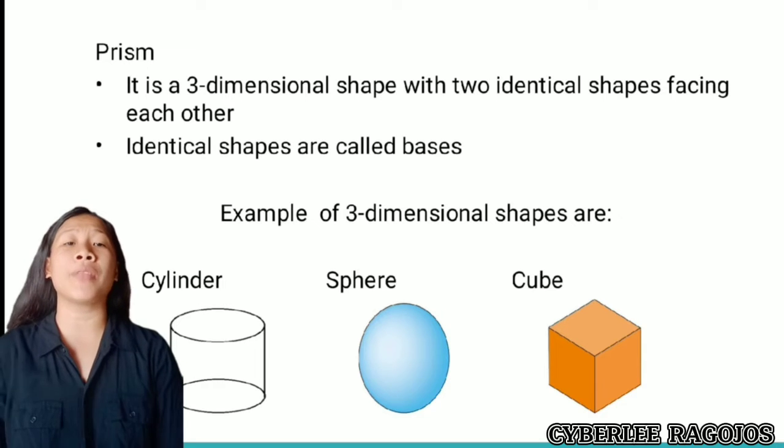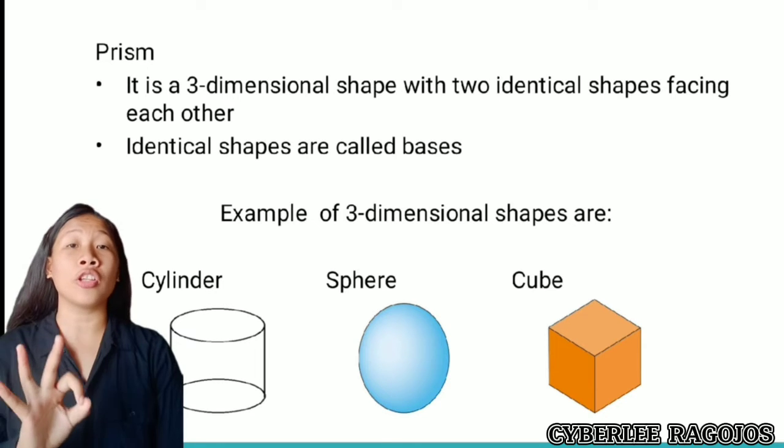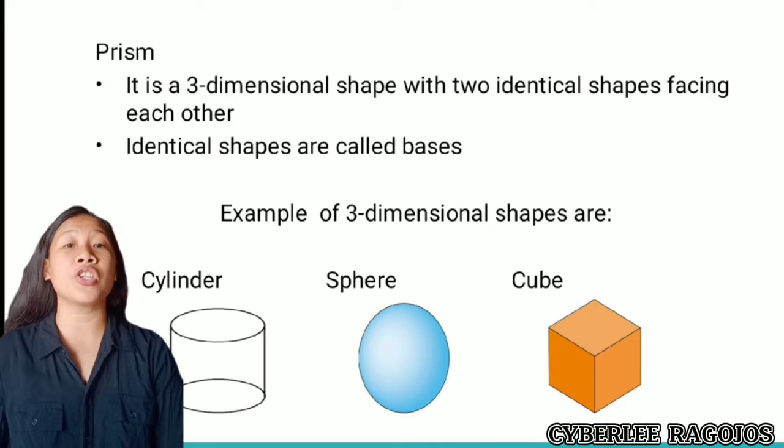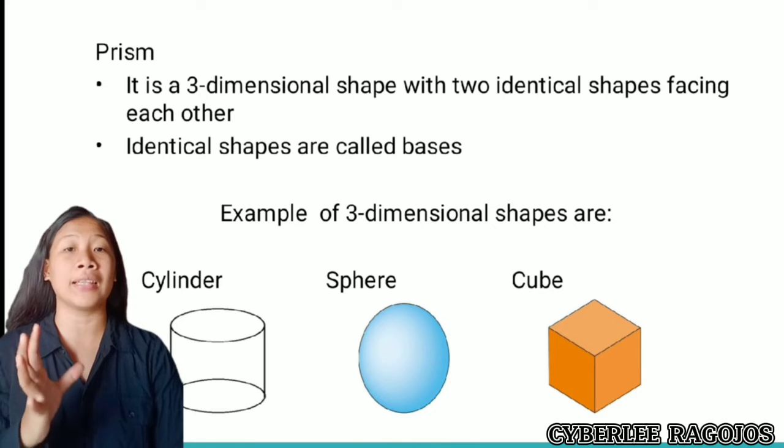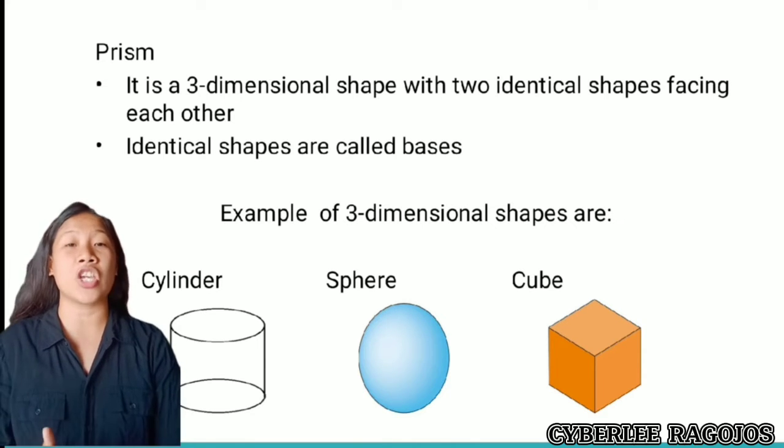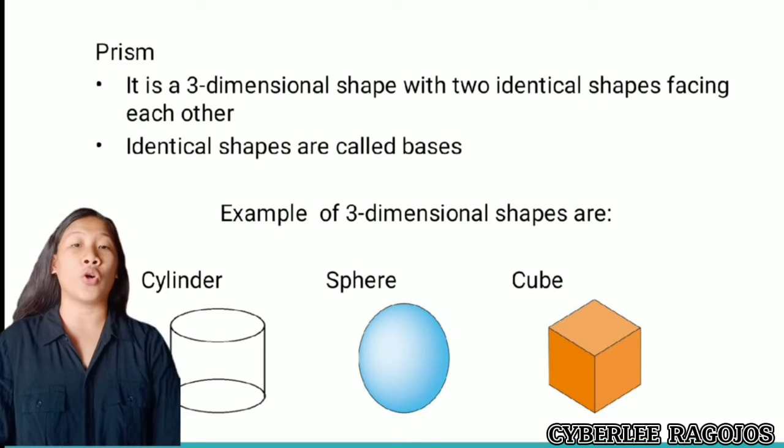So, ang prism daw ay mayroong three-dimensional shape in which yung dalawang shape na magkaparehas ay magkaharap, or sabi natin kanina, they are facing each other. Ano nga ba yung mga three-dimensional shape na to?